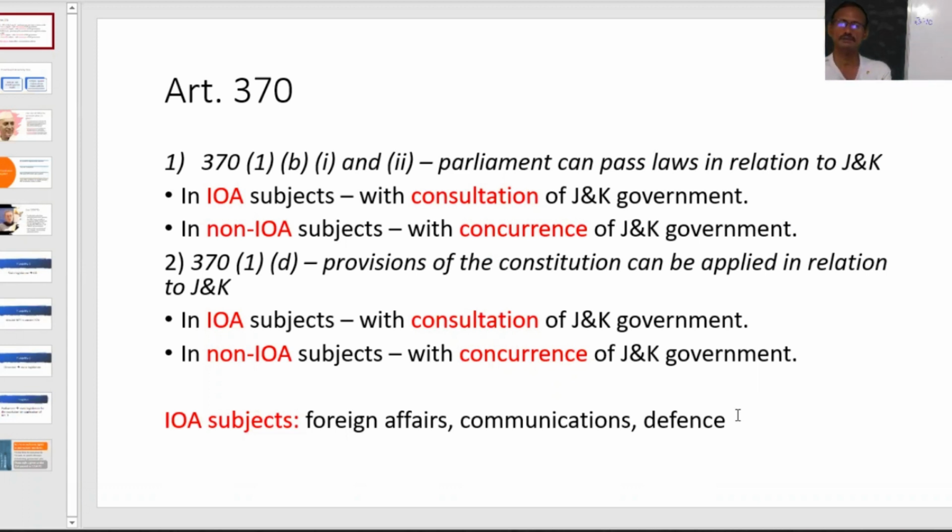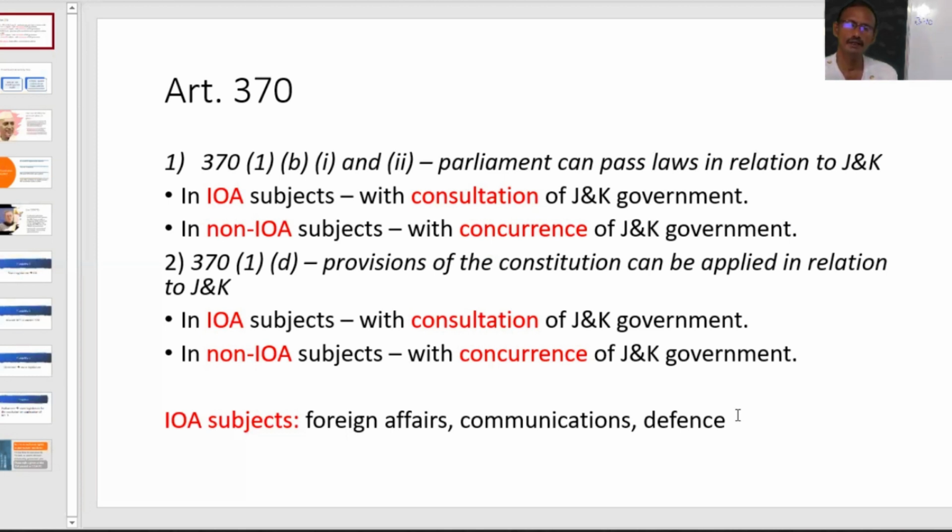Concurrence means the Jammu and Kashmir government should agree, whereas consultation means you are just consulting. Okay. So concurrence gives more power to the Jammu and Kashmir government.